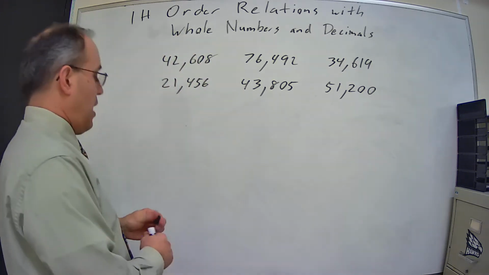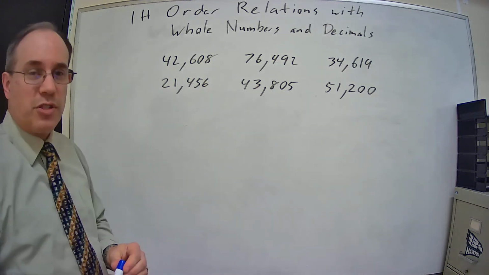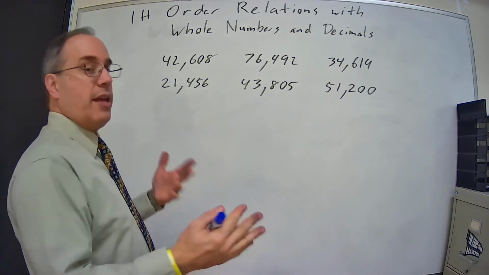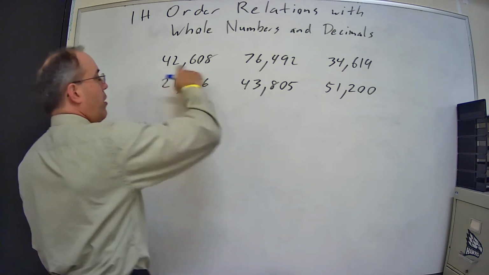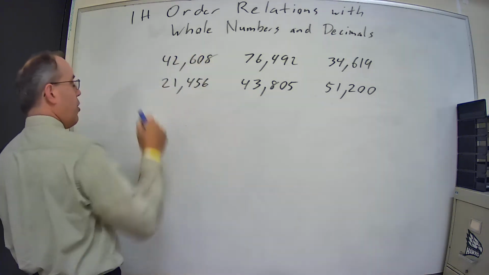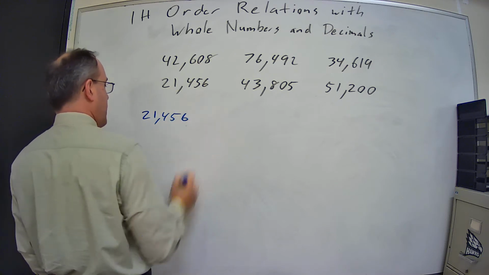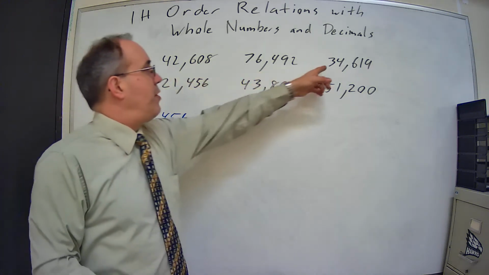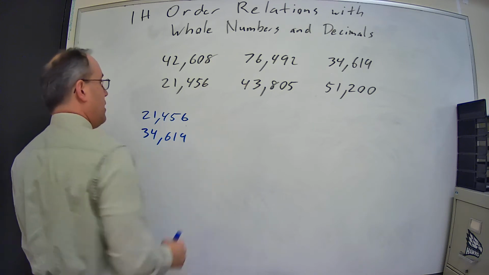So basically, I could take these and group them by what 10,000s place we have. So I'm just going to start doing that in order. In the 10,000s place, I have a 4, a 7, a 3, a 2, a 4, and a 5. So my smallest one is a 2, so I'm just going to go 21,456. And then I have a 3, 34,619.